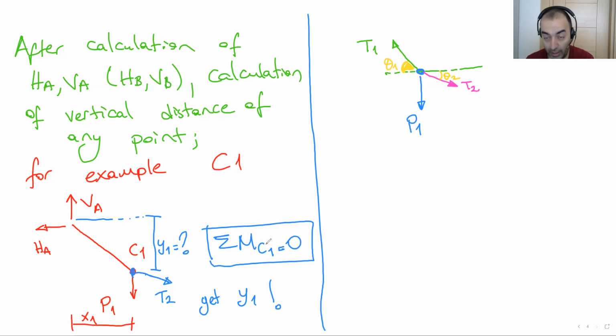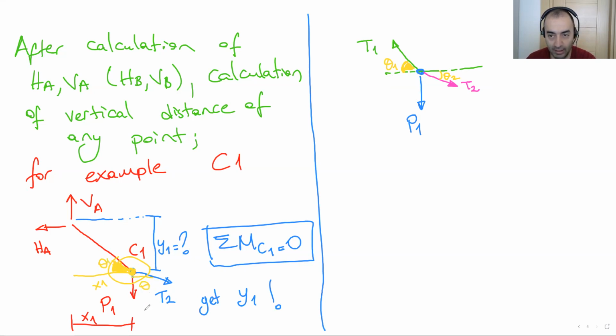After we calculate theta 1 and theta 2, how can we calculate, by the way, these theta angles? For this point, we know X1 and Y1. So that means I know this angle. It's the same for C2. So I know this angle, theta 1, and here theta 2.